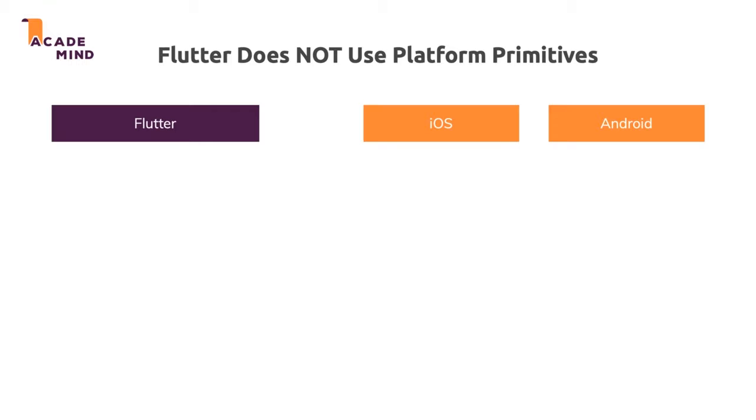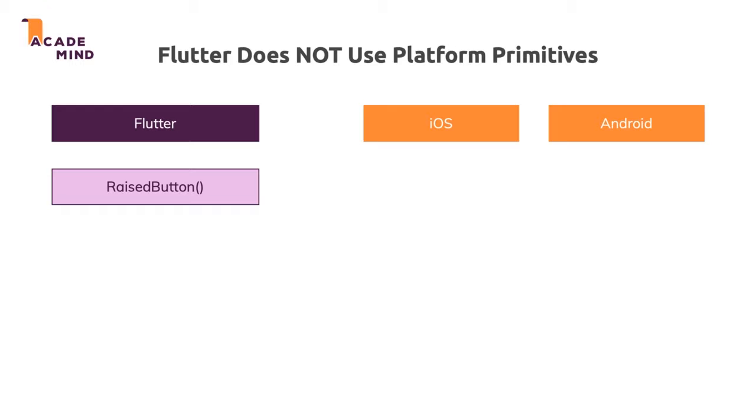We're having our Flutter app and we're targeting iOS and Android. Now, if we want to add a button, then in Flutter, with this UI as code approach, we do so by adding a raised button. Now, this is just an instruction in your Flutter code which tells Flutter to render a button in that part of your widget tree.